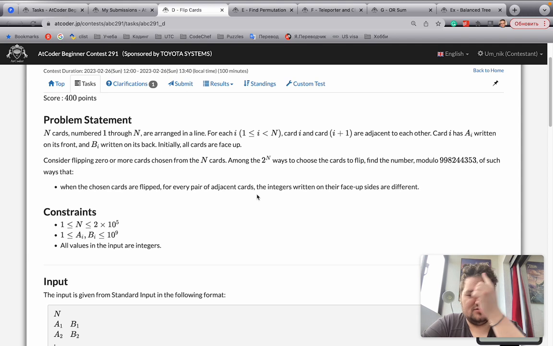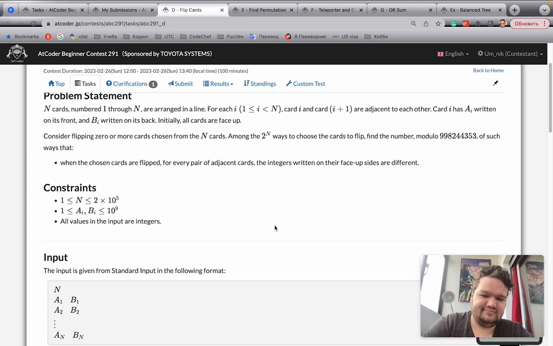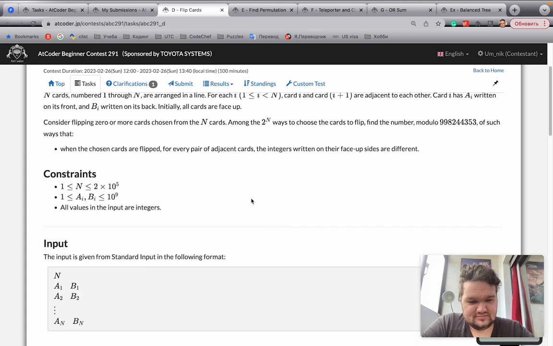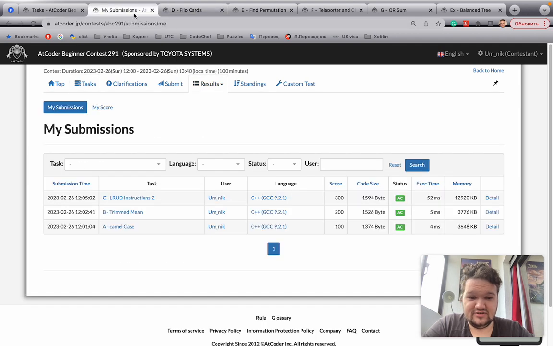So we arrive at some point, and we have either flipped that card or not. So that's our state, and we want all the previous cards to satisfy this property, so that no two adjacent numbers are equal, and we calculate everything.